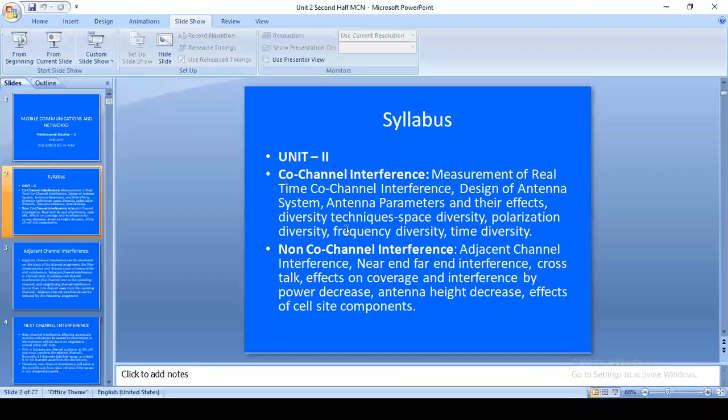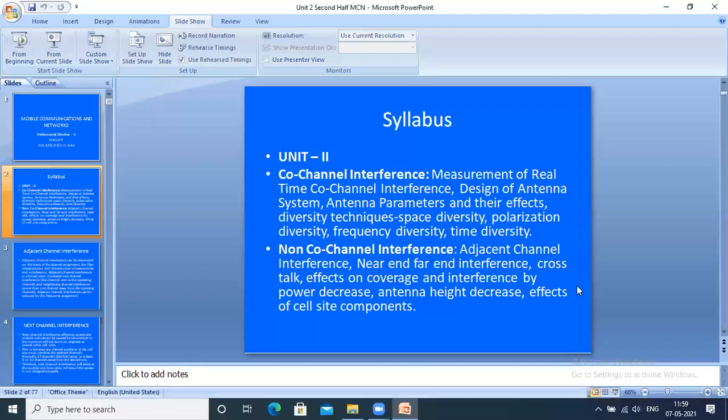So with this, unit 2 is completed. Do you have any questions? I'll be starting unit 3 in the next class. I will be following the notes.